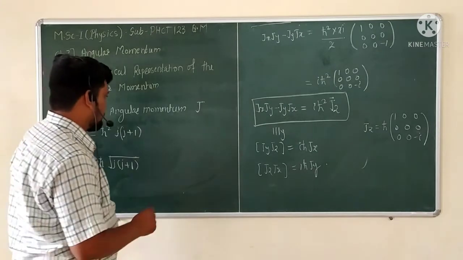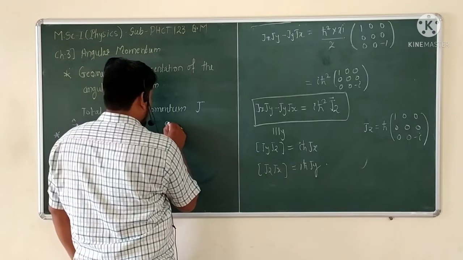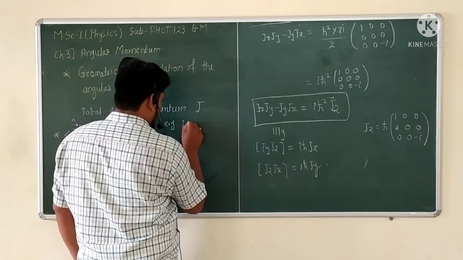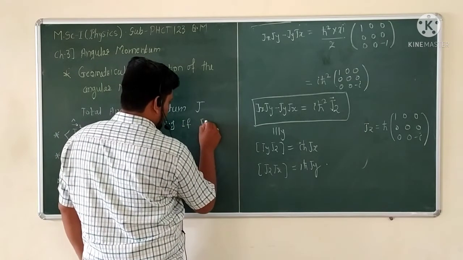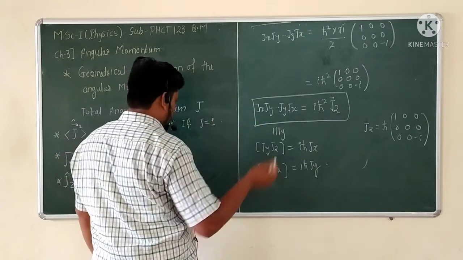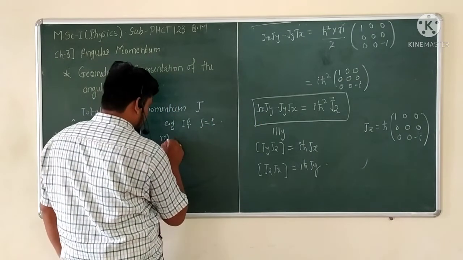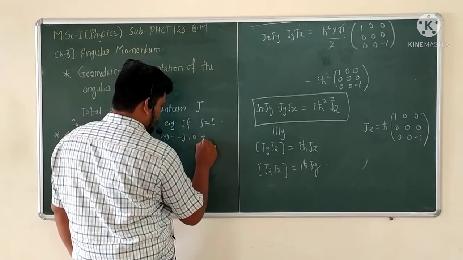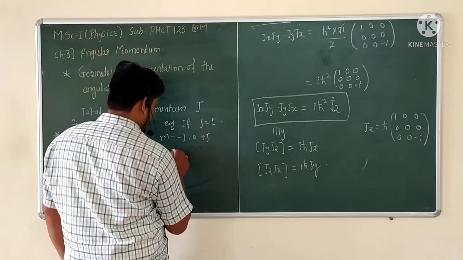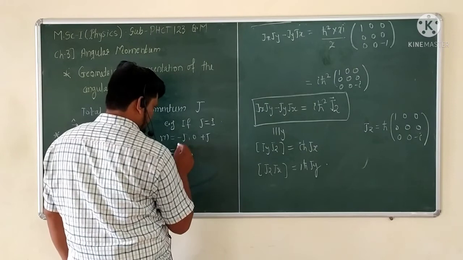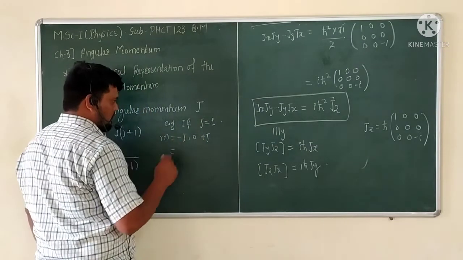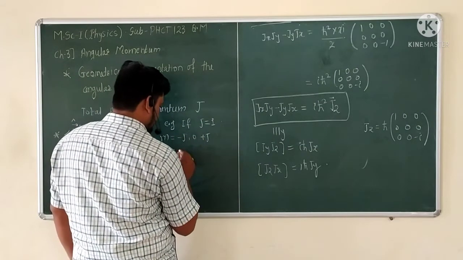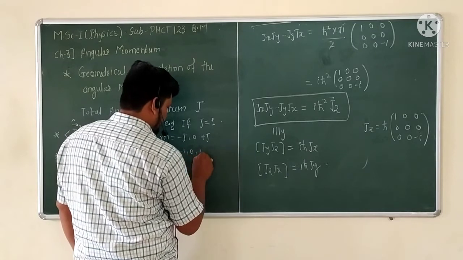For example, consider j equal to 1. Then the m value ranges from minus j to plus j, so m is minus 1, 0 and 1.